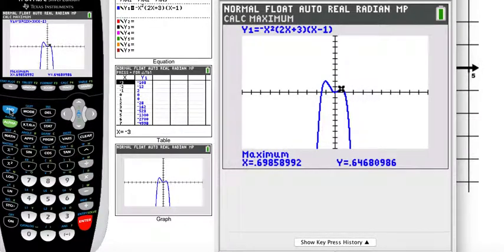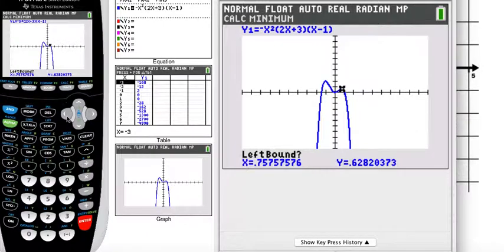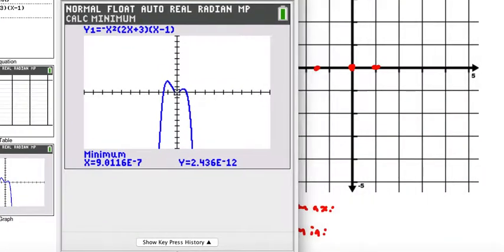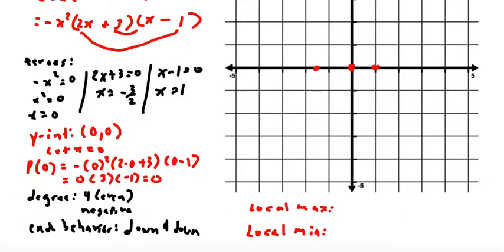And then there's one other one I want us to do, and then we're going to talk through that one. So I can calc that one in the middle of those two local maxes, which is the minimum. And maybe you've already identified what that is, and hopefully you have. You can tell me what this is. But I'm going to go on the left side and see what the calculator tells us it is. The right side, enter, one more time. So, to talk you through this one, that 9.01, I'm just going to call it 9.01.